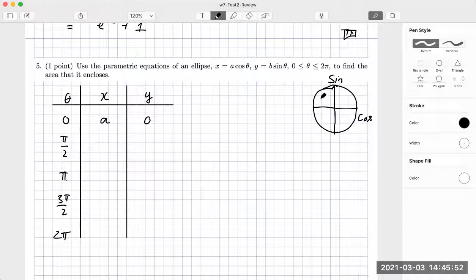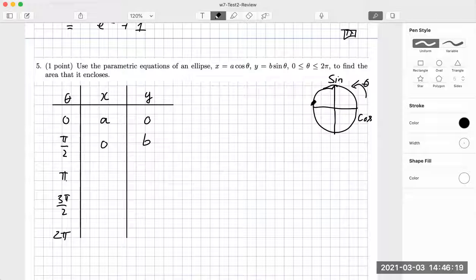Theta is equal to pi over 2, then cosine theta will be 0. This is the angle of theta. Cosine of pi over 2 is 0, then x will be 0. y will be sine of pi over 2, which gives us 1, which is b.